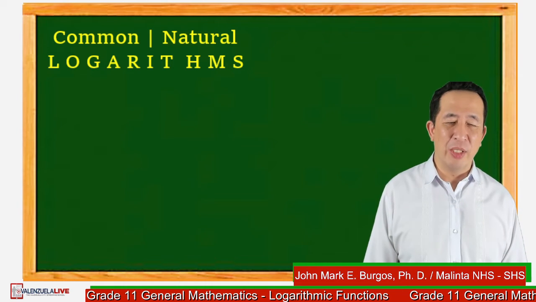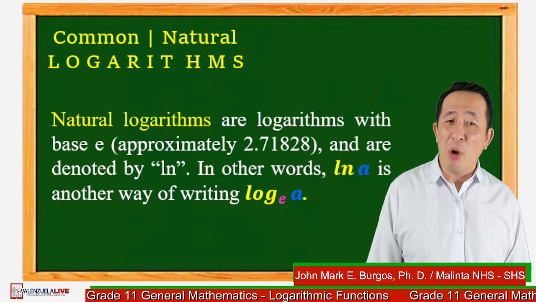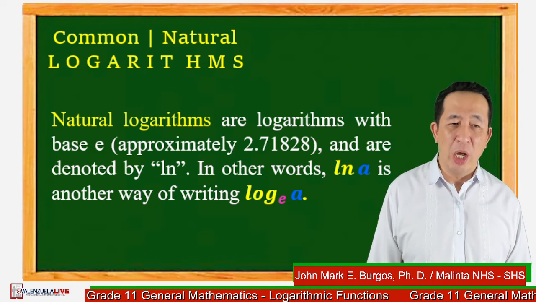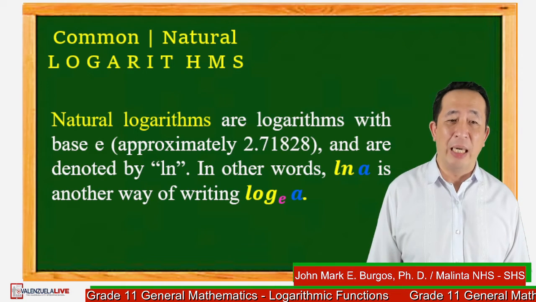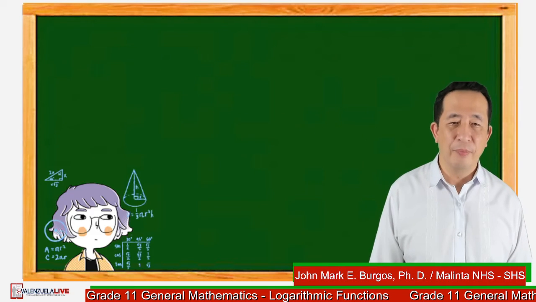Natural logarithms are logarithms with base e, which is approximately 2.71828, and are denoted by ln. In other words, natural logarithm of a, ln a, is another way of writing logarithm of a with base e.